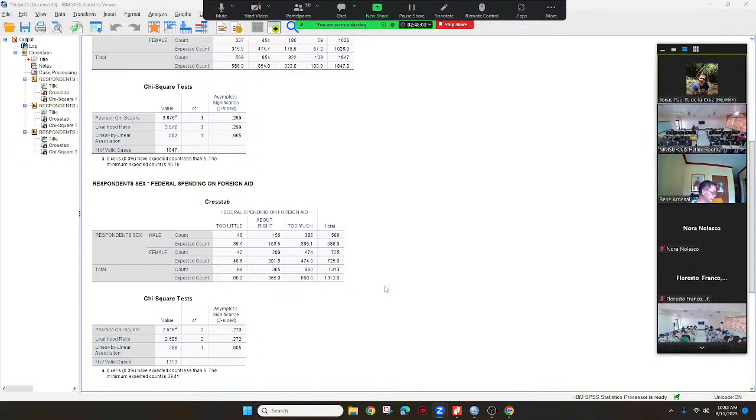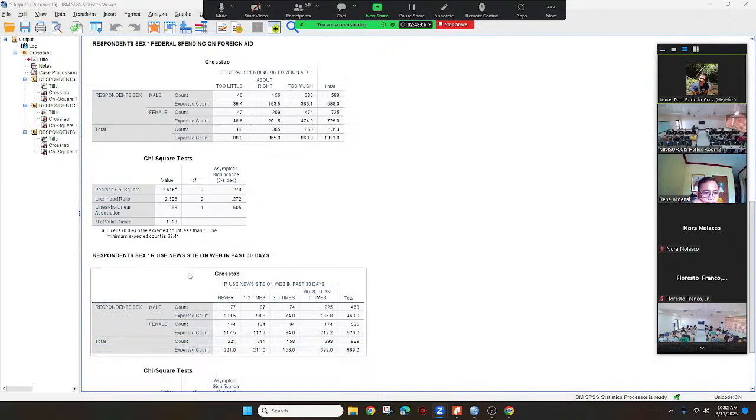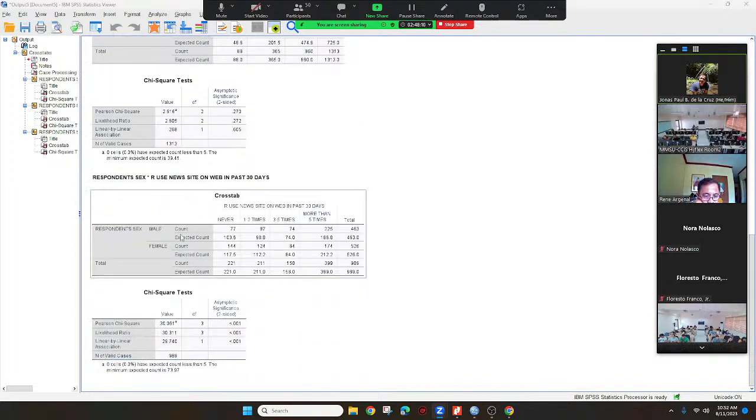Dependent. Yes. It is less than 0.05, meaning there is a relationship between respondent sex and whether they use the web to watch news, for example, in the past 30 days.